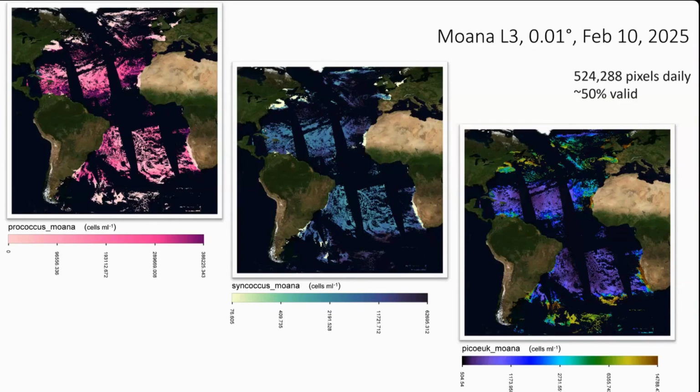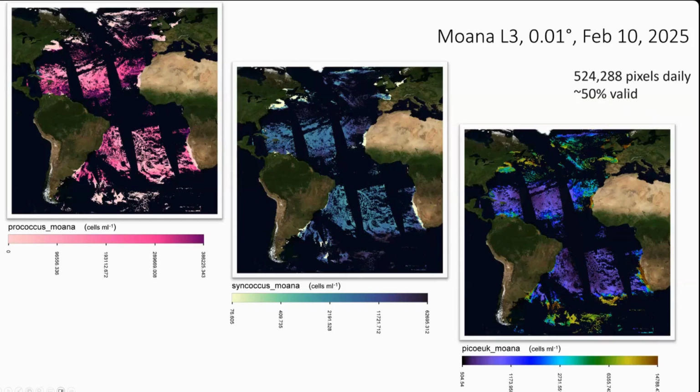Just to show you for this data, and you can see it's just showing the Atlantic, and I'll explain why later. We get around 500,000 pixels daily, and around 50% of them are valid. Valid meaning there are no clouds, or because of the swath we're missing certain parts of the area that we're studying. But that's a lot.